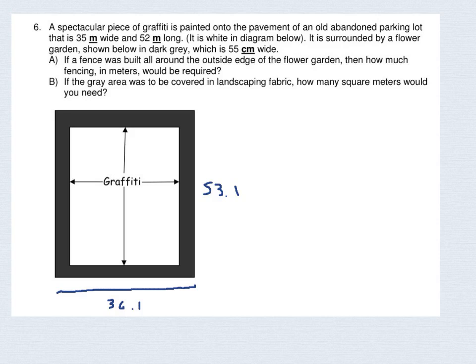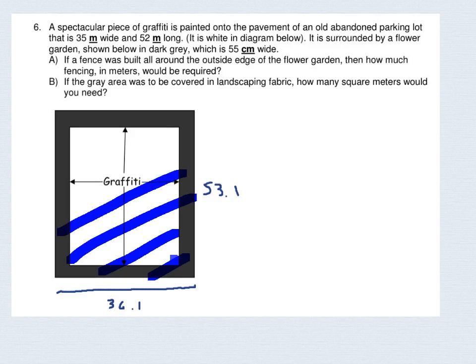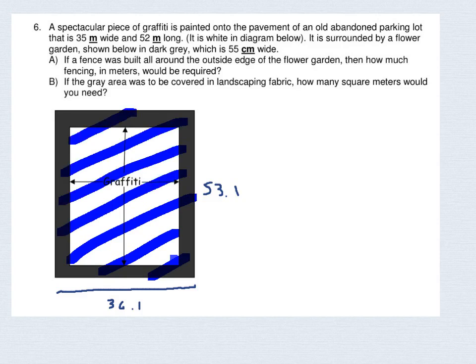If you do the area of the black and the white together, you would get all of it. Now if you want to find the area of the white, that would be easy because we know those lengths to be something specific of 35 and 52.